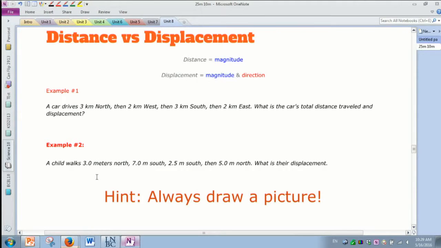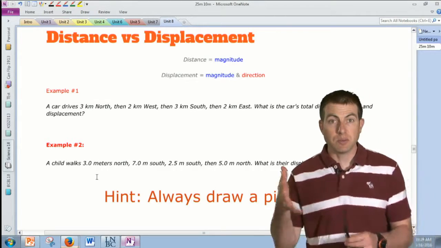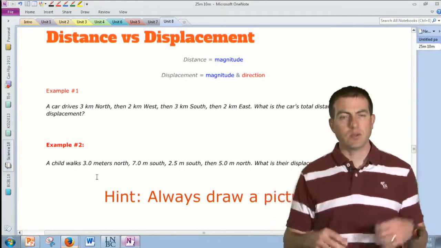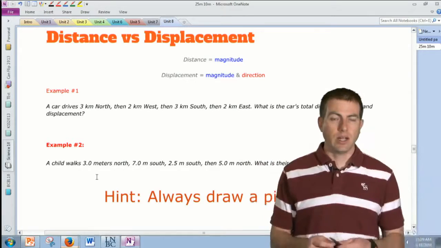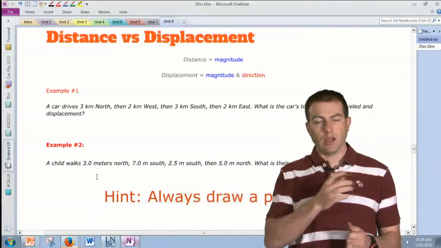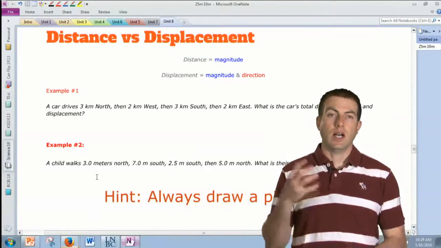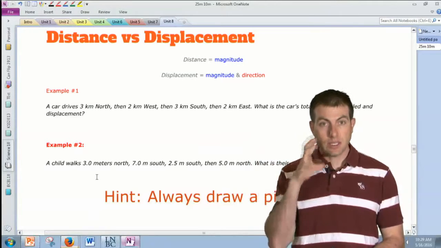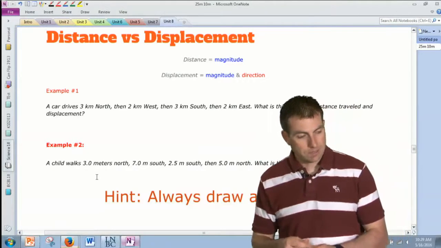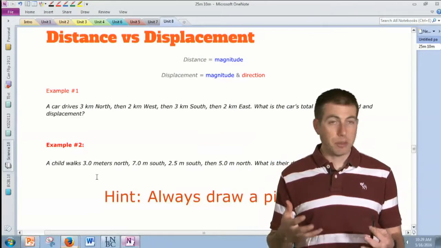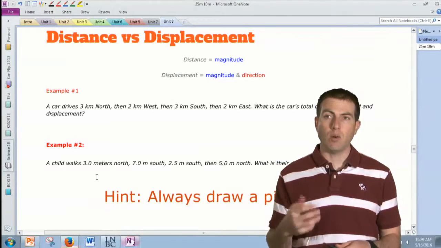Now, I'm a very visual person. When somebody gives me directions like, go this way and then that way and then turn this and go there, it kind of just goes in one ear and out the other. I can't process things through audio. I need to see them written down. And in my experience, students do very well when they draw pictures.